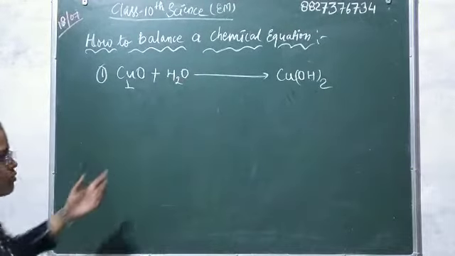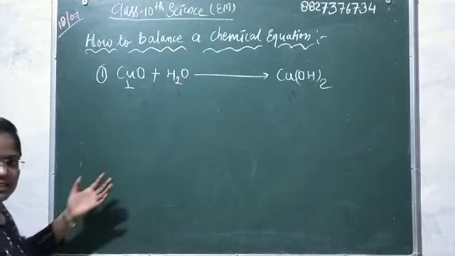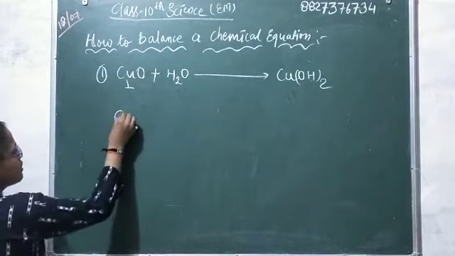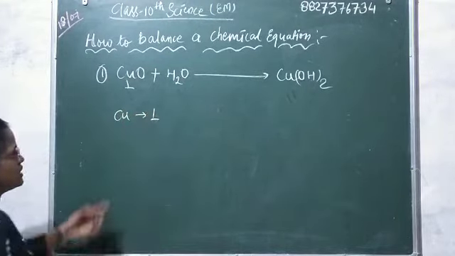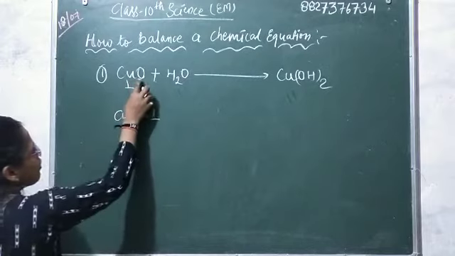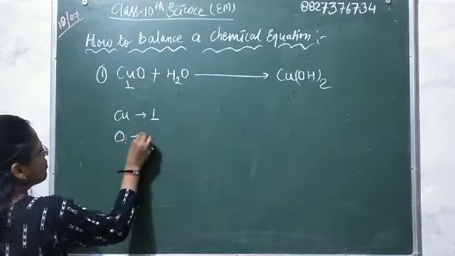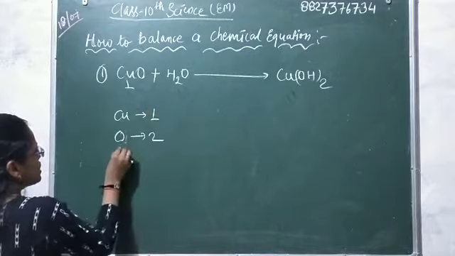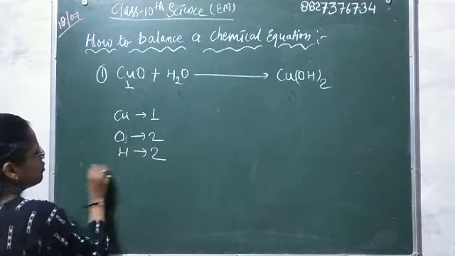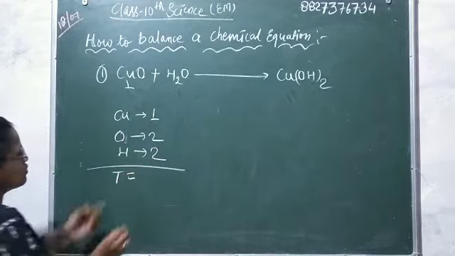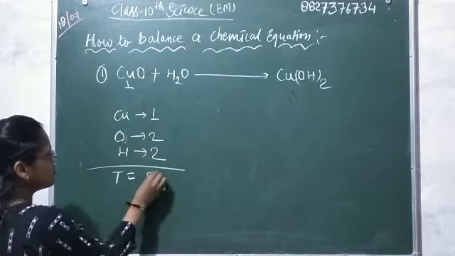So now we should write here: copper is 1, oxygen 1 and 2. The number of oxygen is 2, the number of hydrogen is 2, total 2, 2, 4, 1, 5.